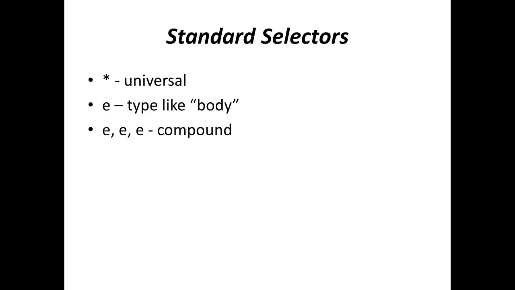And then, of course, I showed you how to do a class. You target classes with a period, and then IDs with a pound sign. So depending on what you do in the HTML, you have to target it accordingly in CSS. Okay, so standard selectors. The asterisk, like I said, the CSS will target everything.